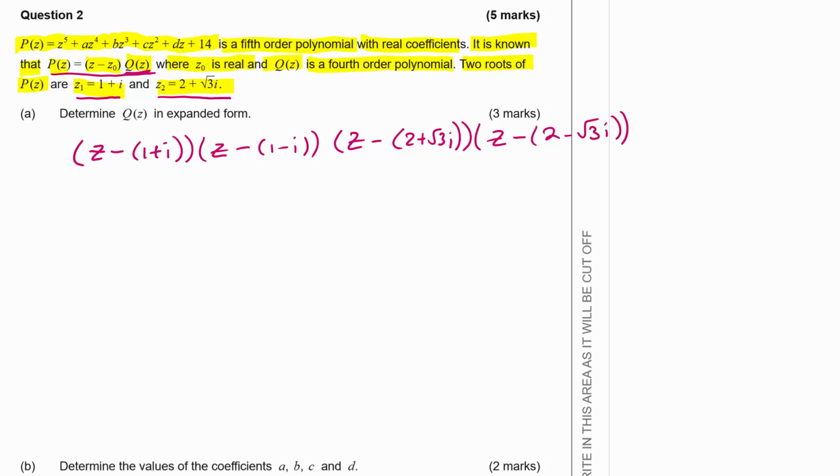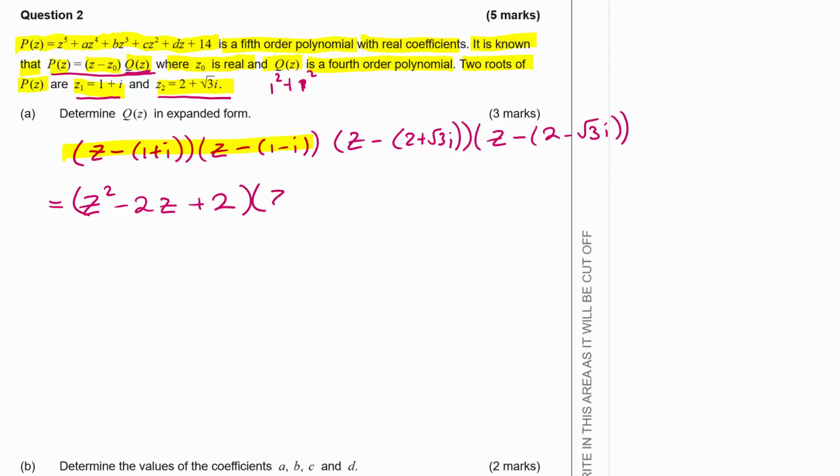for the same reason. So if we expand out this first pair just here, that is going to give us z squared minus 2z plus, and it'll end up being 1 squared plus 1 squared, and so that will be 2.